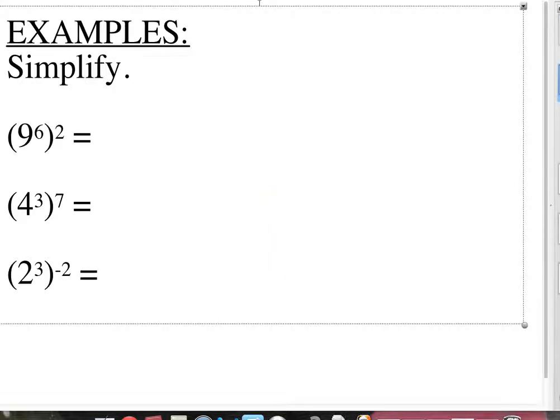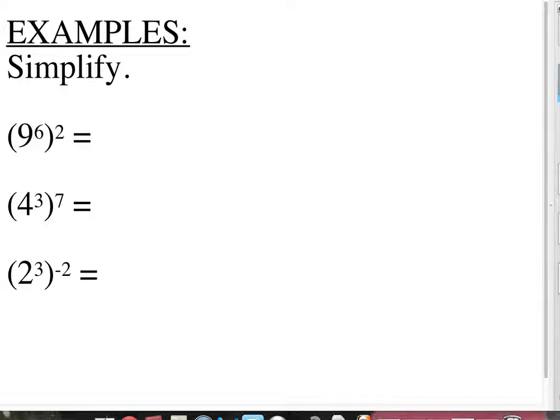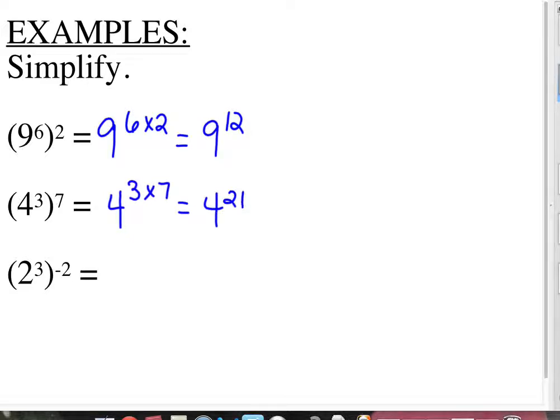Let's try some. 9 to the 6th power, all being raised to the 2nd power, is 9 to the 6 times 2, 9 to the 12th. 4 to the 3rd to the 7th is 4 to the 3 times 7, 4 to the 21st power.